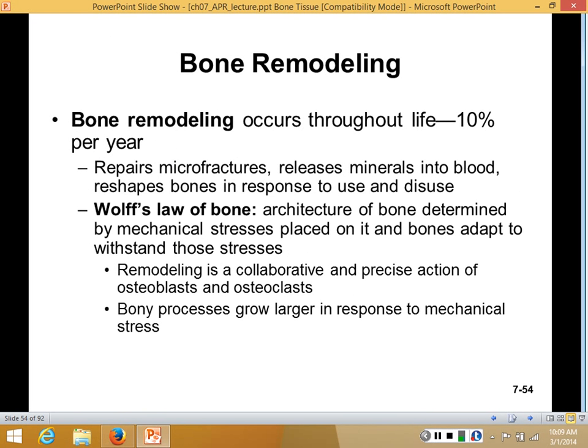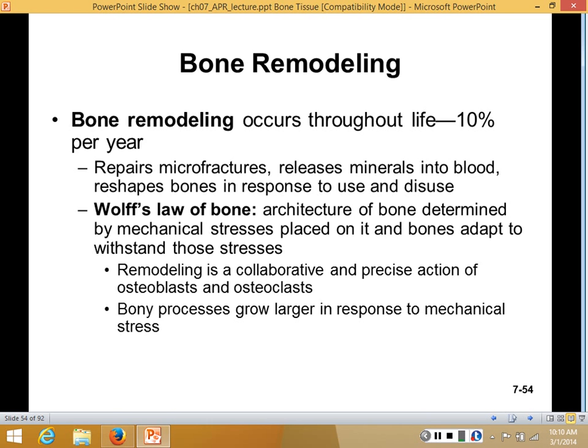Bone remodeling. Wolff's Law. My favorite part of this chapter, besides talking about your osteoblast, your osteoclast, your osteocytes, and your osteoprogenitor cell, Wolff's Law is on your next test. Occurs throughout life, bone remodeling, 10% per year. Okay, let me just say this.